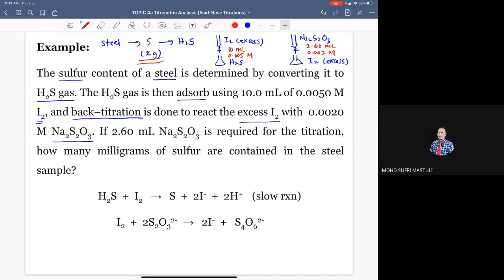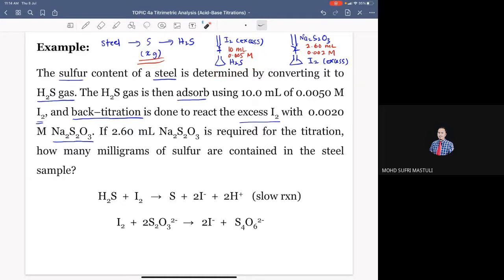Of course, the strategy: we have to calculate the mole from here, because the mole can give you a mass.